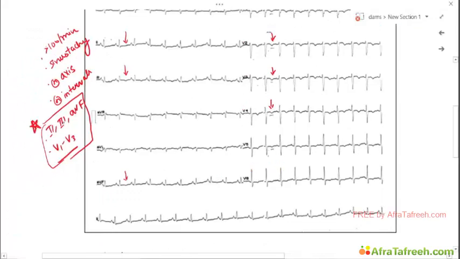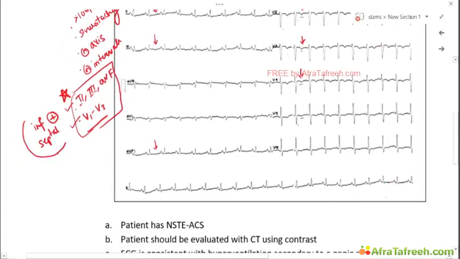If you see simultaneous T wave inversion in leads 2, 3, aVF and V1 to V2, that is inferior leads and septal leads simultaneously, this is highly suggestive of pulmonary embolism. Okay, this is very important.